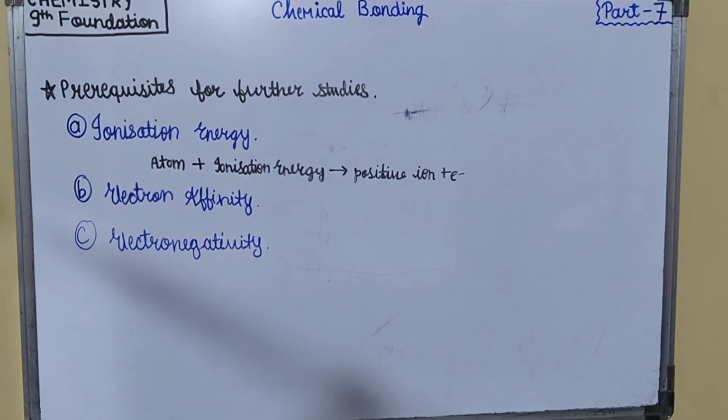This type of chemical bond is a covalent bond. The tendency of an atom to attract the shared pair of electrons towards itself is called electronegativity. I will repeat, the tendency of an atom to attract the shared pair of electrons towards itself is called electronegativity. Significance: electronegativity is a measure of the capacity of an atom, say A, to influence an electron pair in a covalent bond which is common to both A and B.